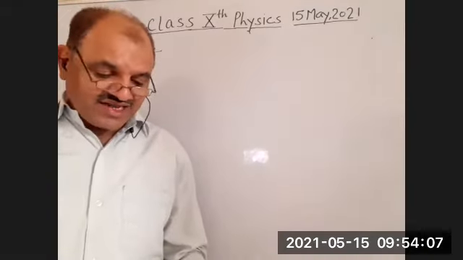Is it clear, students? Now question number 3. So we'll solve question number 3. I'll read the statement. An electric bulb is rated 220 volt and 100 watt.